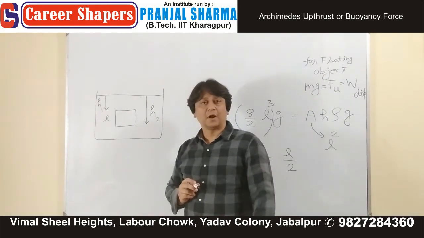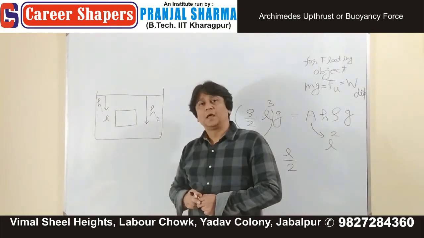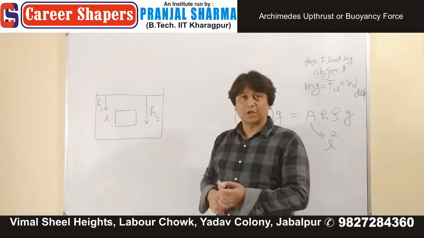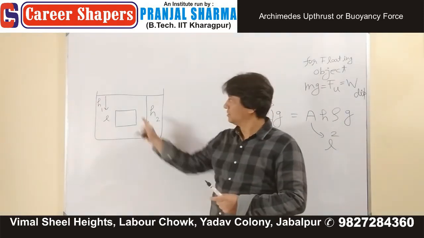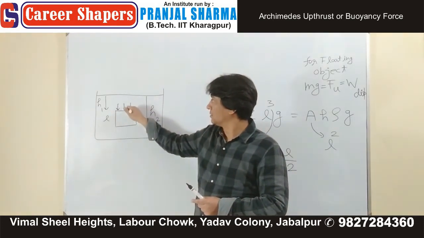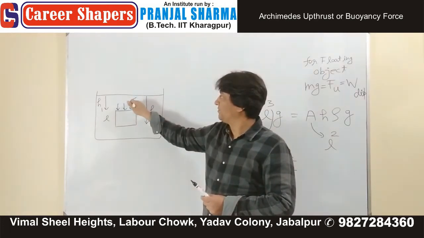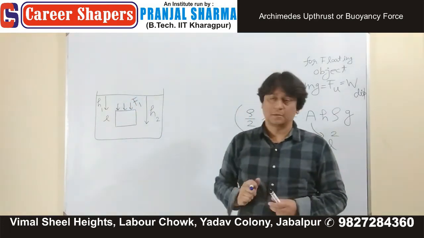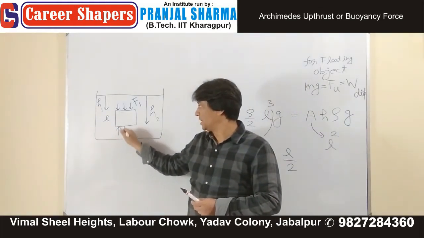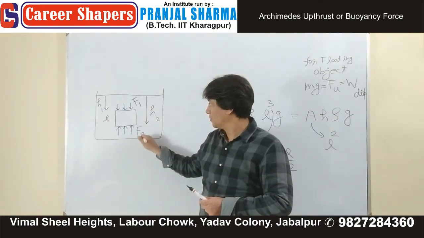Can you see that there are two forces acting on the body? One is downthrust and the other is upthrust. All the liquid on top of it is going to push it down. Let's say this is F1, and all the liquid at the bottom is pushing it up. The force is F2.